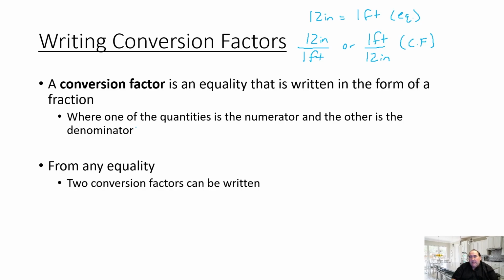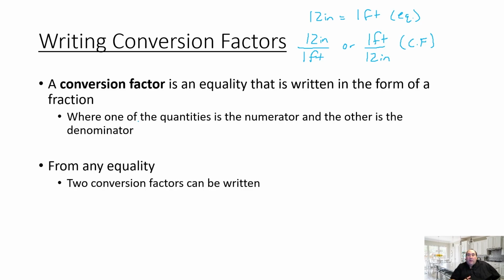Dimensional analysis is setting up problems where we use conversion factors, and it's a unit cancellation situation. We want to cancel out the units we don't want, and we want to keep the units that we do want. And it goes down to a basic idea of opposite cancel.